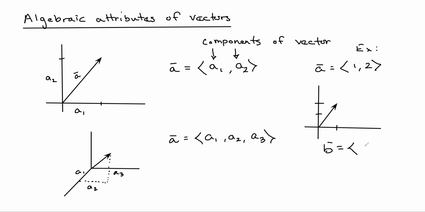So you could do -1, -2. And if we did that, then if we had our coordinate axis, we'd go 1 in the negative x direction and 2 in the negative y direction, and we would get the vector that points from the origin to the point -1, -2.